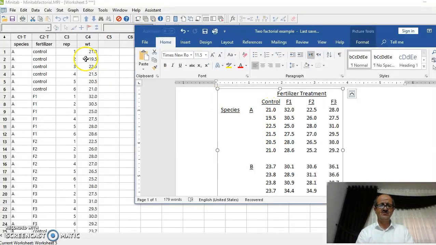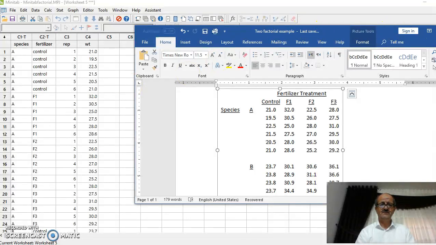The first observation from replicate 1 was 21, the second 19.5, the third was 22.5, etc. Then we move to the other column, which is A with F1, treatment 2, and these are the observations obtained from the experiment. So this is the way we entered the data in the Minitab spreadsheet.